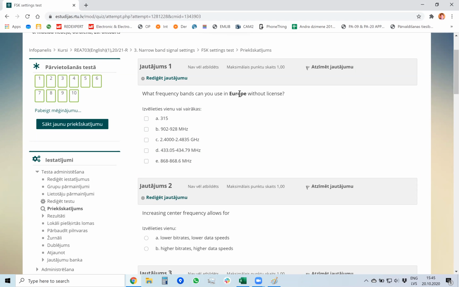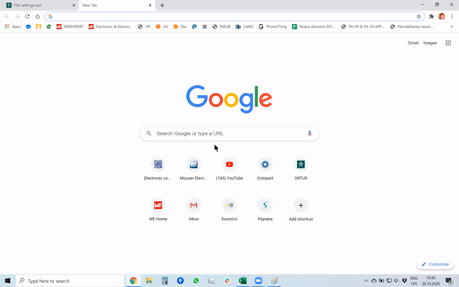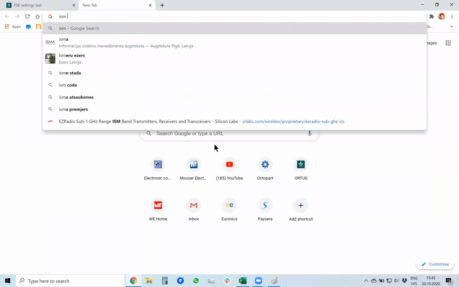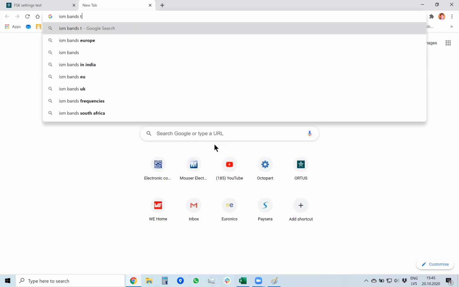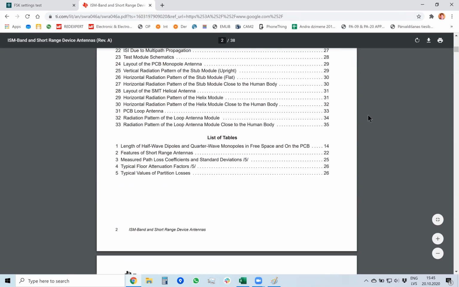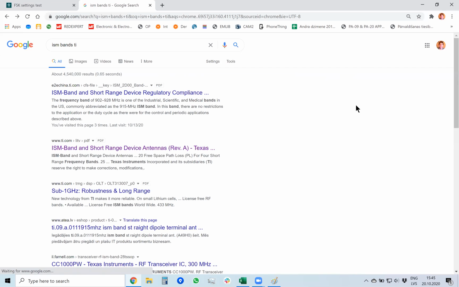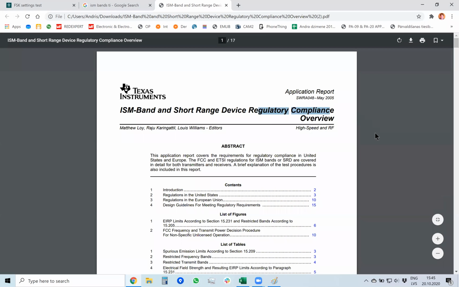What frequency bands can you use in Europe without license? You can check it out on this document called ISM Bands TI from Texas Instruments. Texas Instruments is a producer of radio frequency chips, and they actually have made this really nice PDF document where the first one is actually the correct one, compliance overview.